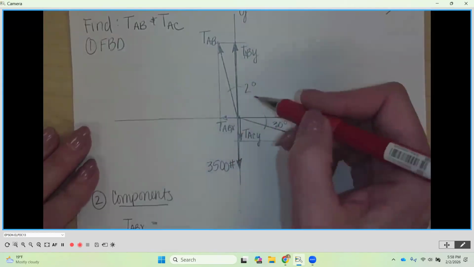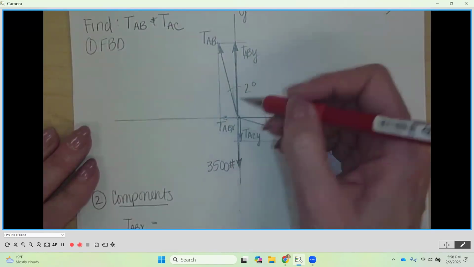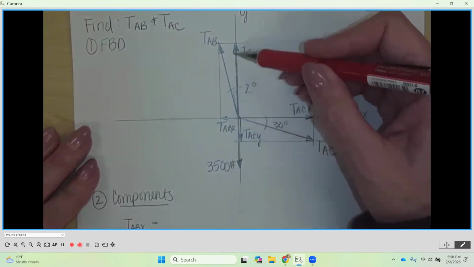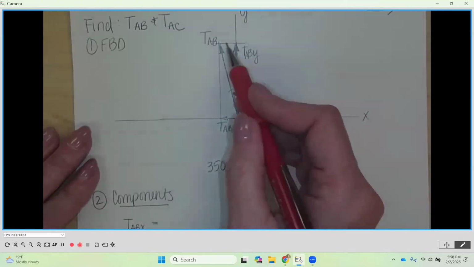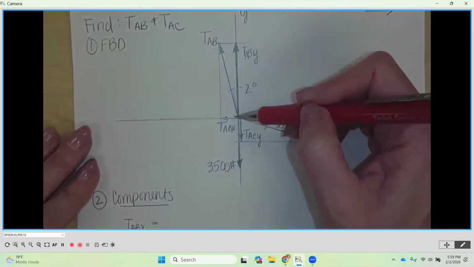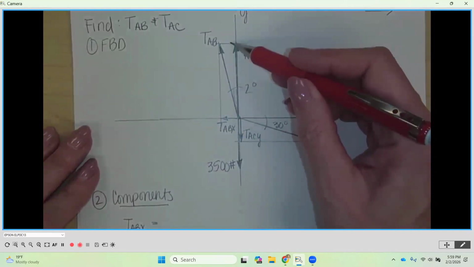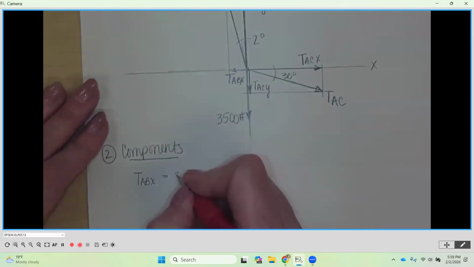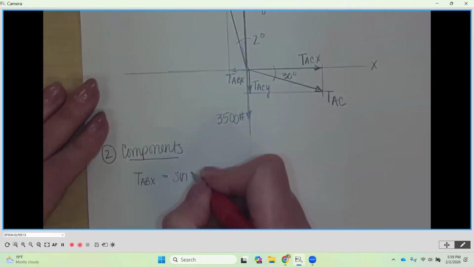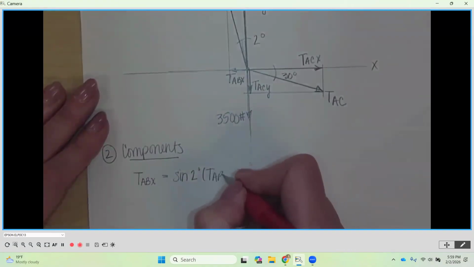My 2 degrees that is given to me is this angle right here, and my TABX would be the equivalent length on top here, if I look at this as a right triangle. If I want to find TABX, it would be the side opposite from the 2 degrees, and we want to put it in terms of its hypotenuse. That means we're going to be using the sine of 2 degrees multiplied by the hypotenuse TAB.